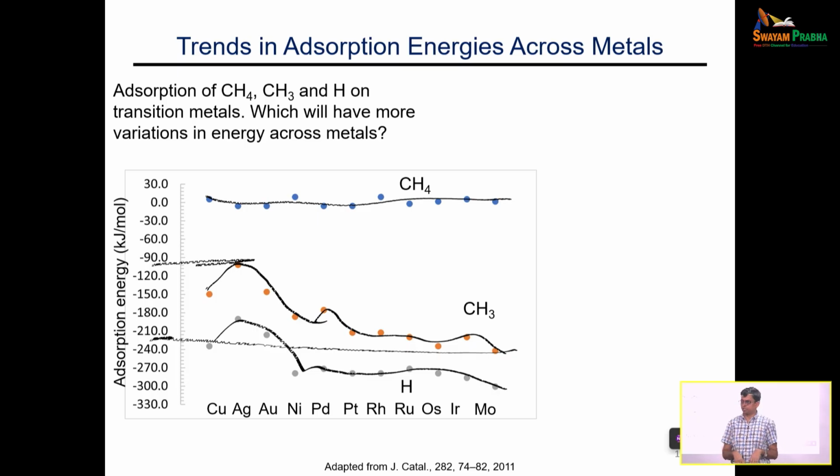They are adsorbed, so they are not radicals anymore, right? They were radicals in the gas phase, but if they are adsorbed, they are not effectively a radical, because they are interacting with the surface. Why do we see this difference?